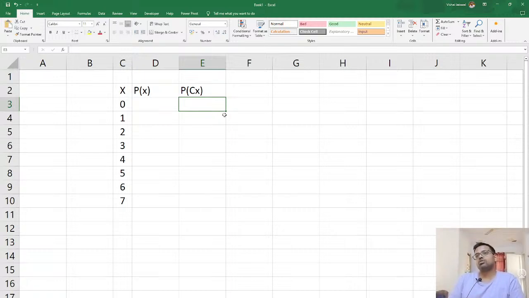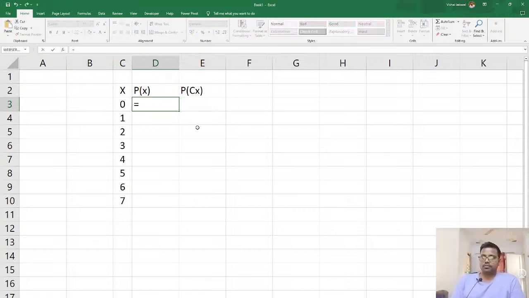I'll also explain what is the difference between cumulative and probability. There is a function in Excel to calculate this. It will use the same formula, but it is easy to calculate over here. That's why I'm using it.